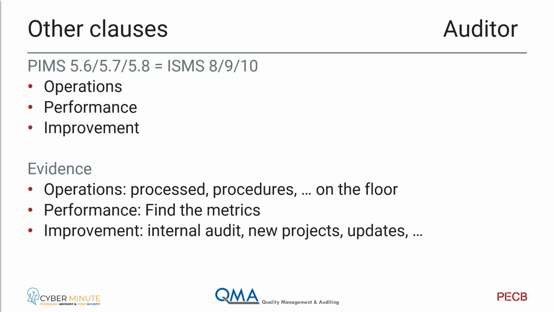Other clauses like operations, performance, improvement. Our role as an auditor is to see how well you implemented these management systems. Now we are only there a short time, so you have to show us how you measure the performance of your system. So we're looking for KPIs, preferably smart KPIs, that show that your system is working.